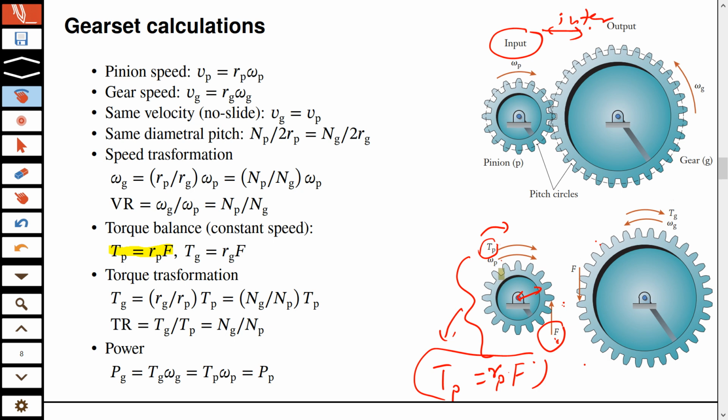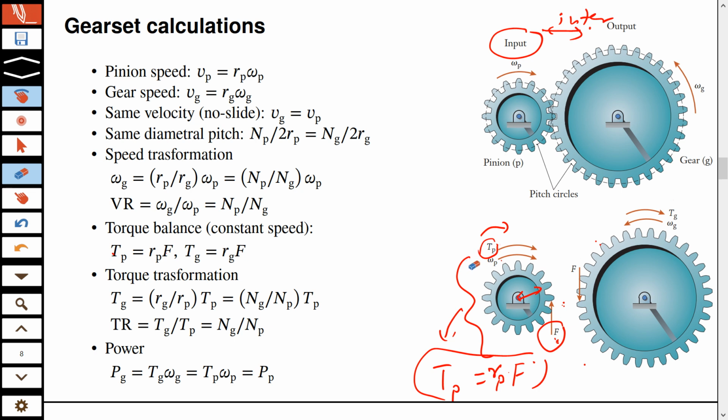Why can we write that? Because you write force balance or torque balance when something is at equilibrium, and here we assume constant speed. If it's constant speed, it means there is no acceleration. When there is no acceleration, the torques must balance each other for each gear, and now I have done that for one gear, for the pinion. This is the external torque. This is also the external torque from the other side as a reaction.